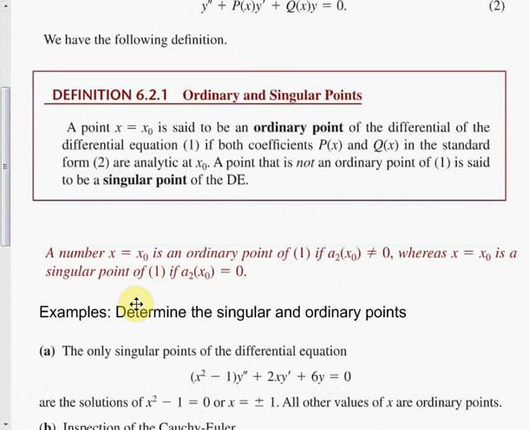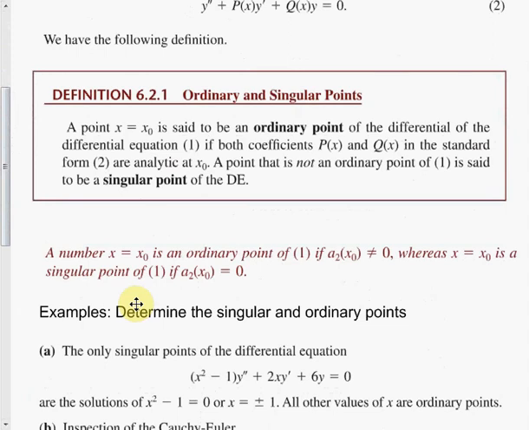And that's somewhat the idea here, that if I get a value for x naught that makes a sub 2 equal to 0, then we call x naught a singular point.